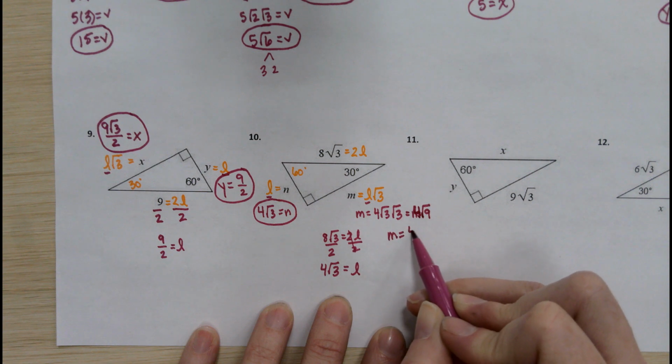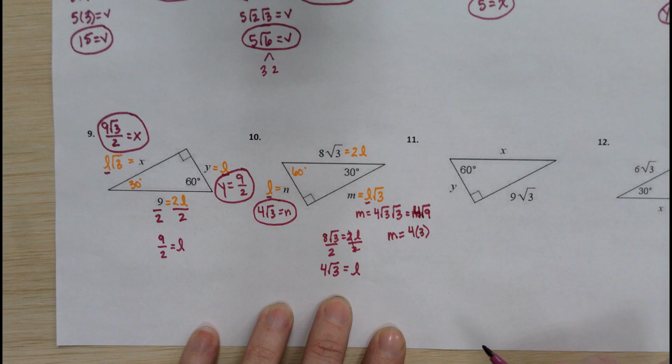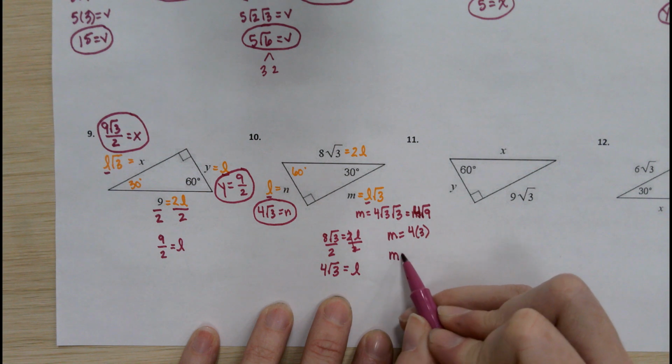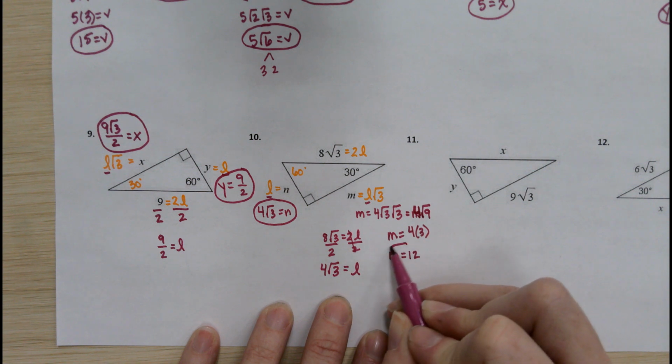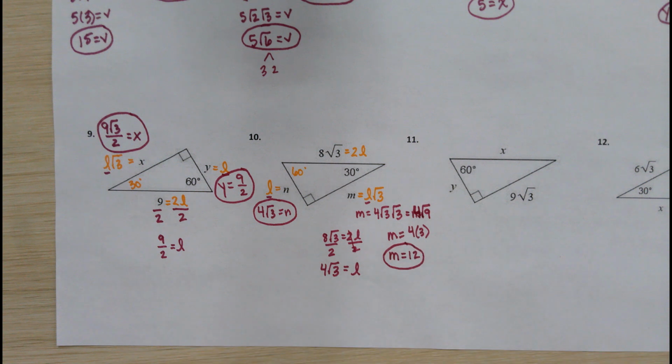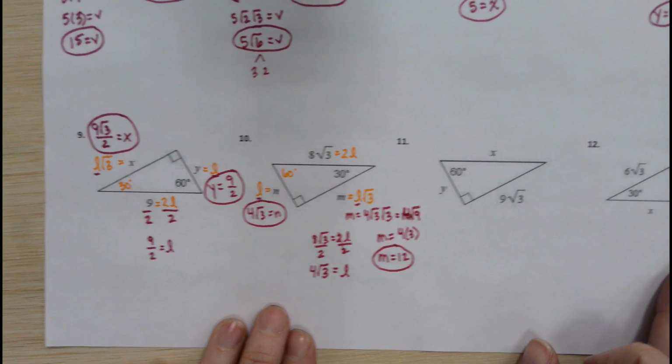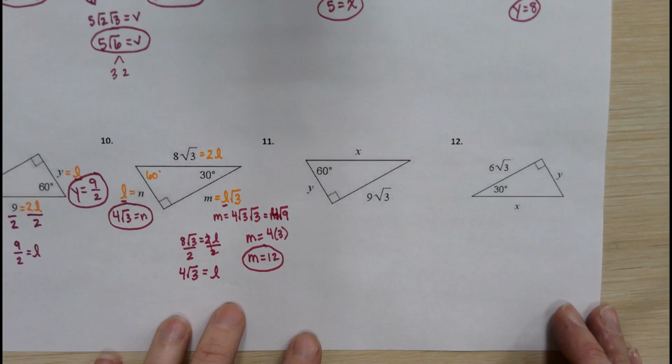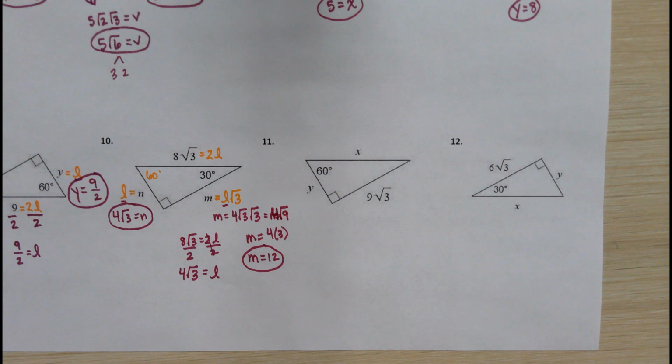Root 9 is really the same thing as 3 if we simplify it. And so our final simplified answer for M will be 12, 4 times 3. So sometimes there's a little bit of effort once you plug your L in, making sure you get to a simplified answer. Make sure you work through that process. Your answers won't be right unless they're simplified.